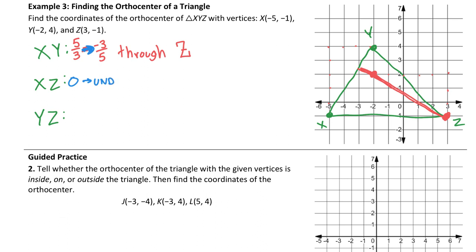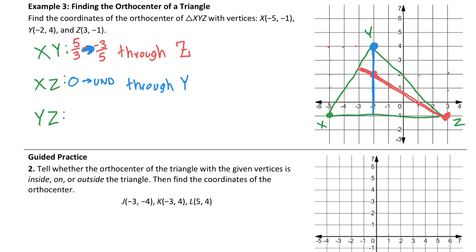Really, all you need to understand is that you need to draw a vertical line through the opposite vertex. Well, in this case, the opposite vertex is Y. So I'm going to draw a vertical line that goes through vertex Y. So that's my altitude through Y. All right?